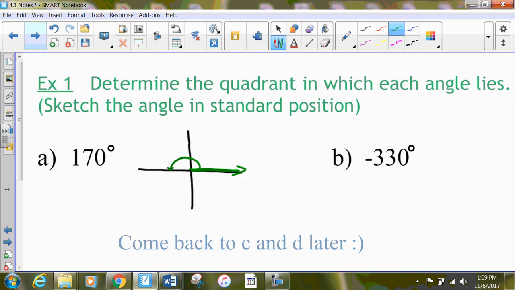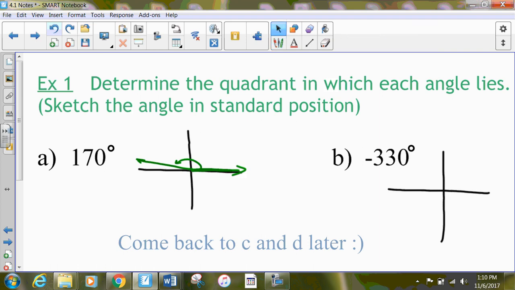So we're going to want to back it up about 10 degrees. That's a little more than 10 degrees, but we're not going to be perfect in our sketching. So let me just redo that. Still, once again, that's going to be a little bit short of 170, but close enough. And then do we need that little arrow part that shows which direction? No, we don't have to, but I'm just showing you which way I went.